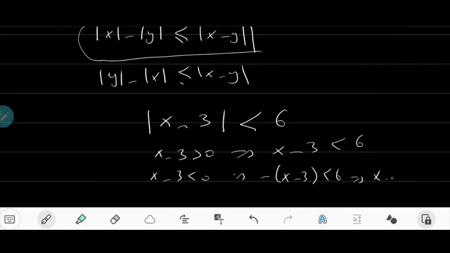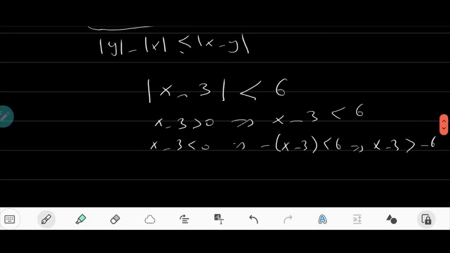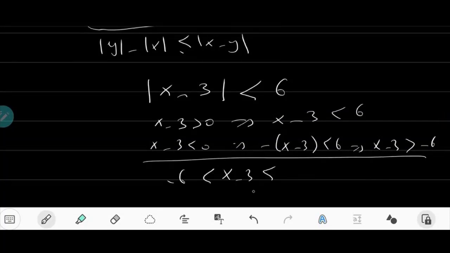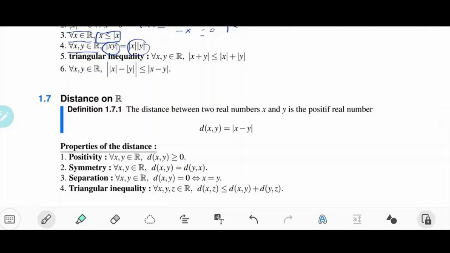So x minus 3 greater than minus 6. So combining both, we can write that x minus 3 is between minus 6 and 6, and this is something that you should know. And this is what I applied, saying that the property can be rewritten as the absolute value of x minus the absolute value of y is between minus the absolute value of x minus y and the absolute value of x minus y.